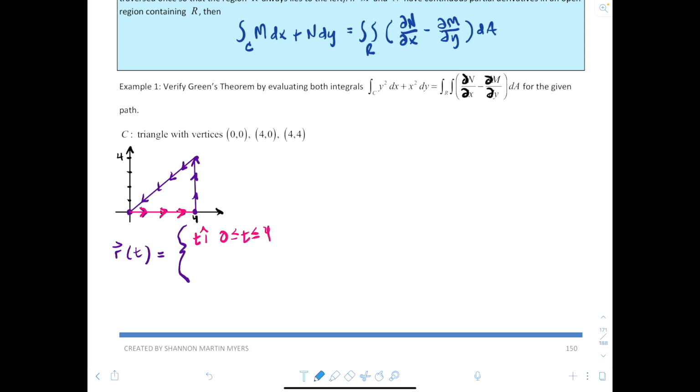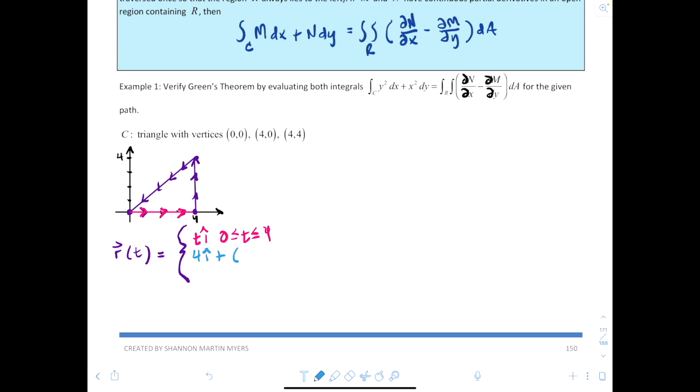So for our second piece, what will happen is that is the vertical line, x is equal to 4. So you're always going to have 4i, right? Now, t is going to vary between, it has to start at 4, right? So y does vary from 0 to 4, but we have to come up with an expression so that t is going to start at 4.